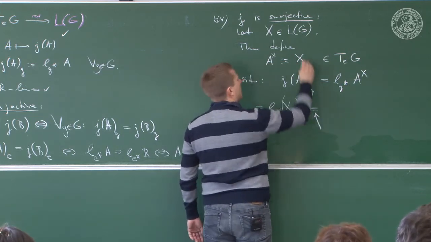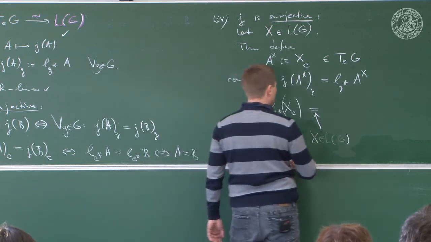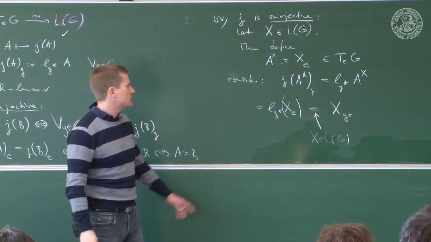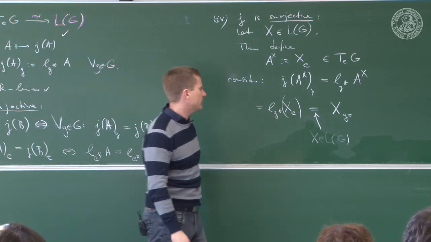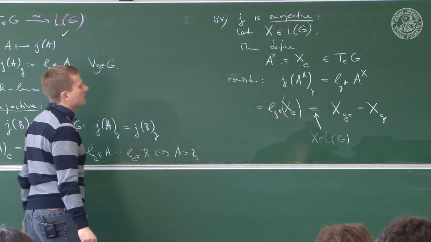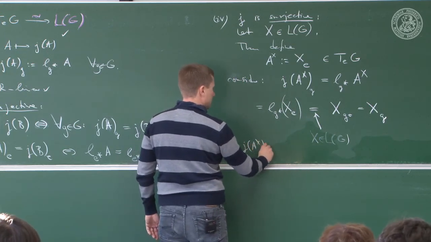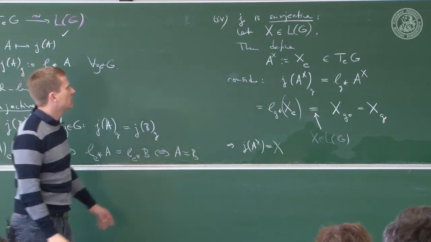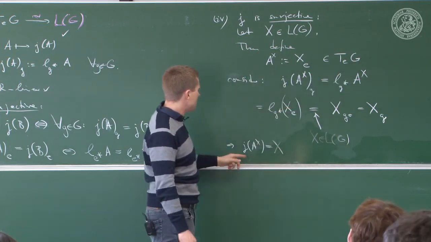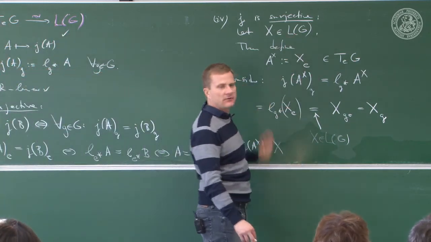But now I use that X is an element of the left invariant vector fields, so I know that this is the same as X at G. That was the second formulation of left invariant vector field, an equivalent formulation, and that's of course X at G. And that means that J of AX is X. I chose an arbitrary one and constructed an element of the tangent space at the identity that, if it's mapped by J, hits this arbitrary element.